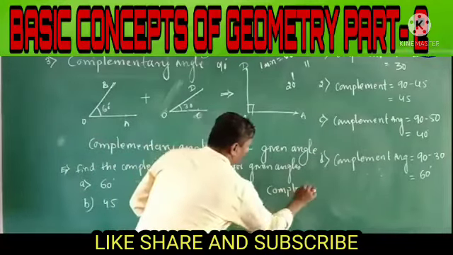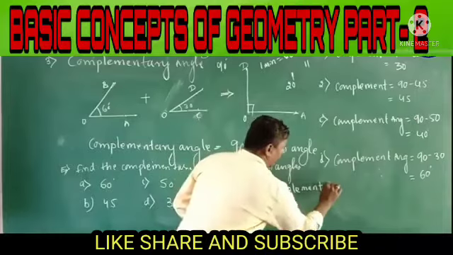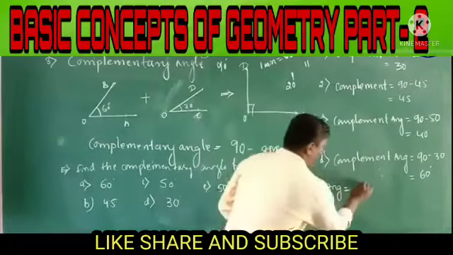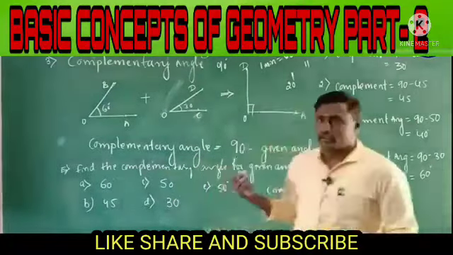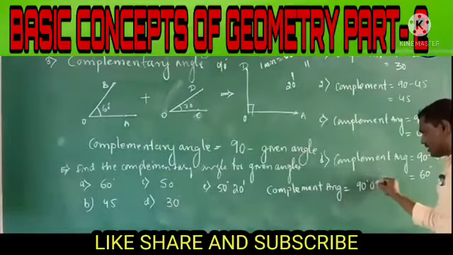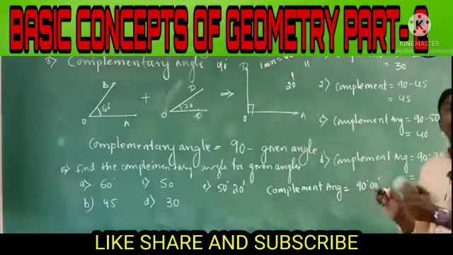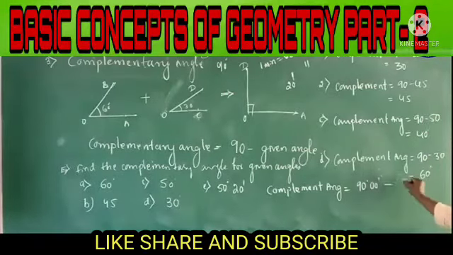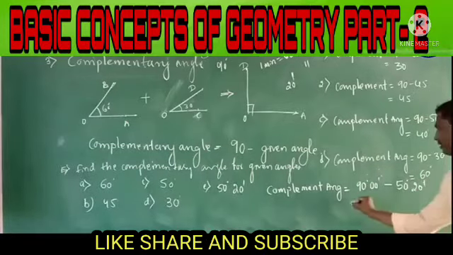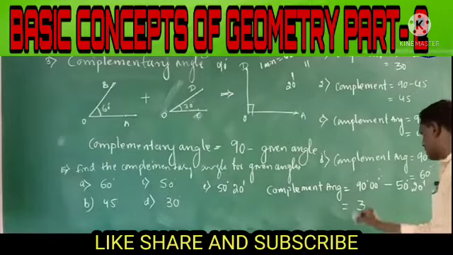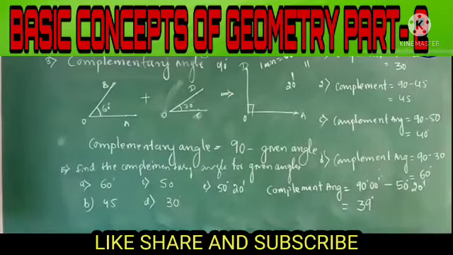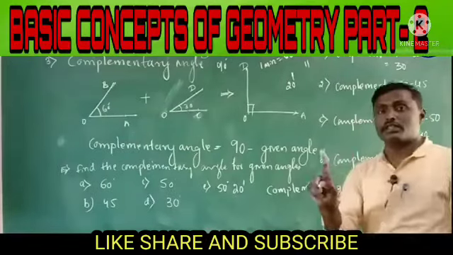Complement angle is equal to 90 degrees, that is 90 degrees and 0 minutes, minus 50 degrees 20 minutes. By subtracting these two, what will we get? 39 degrees. As we already know, 1 degree is equal to 60 minutes.